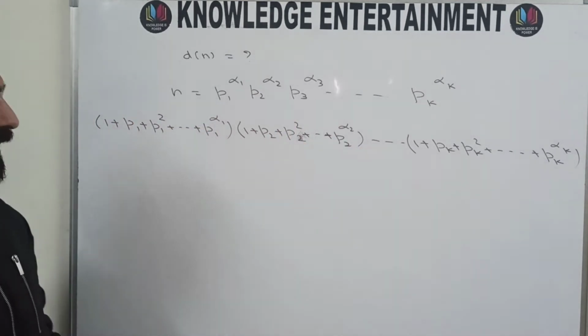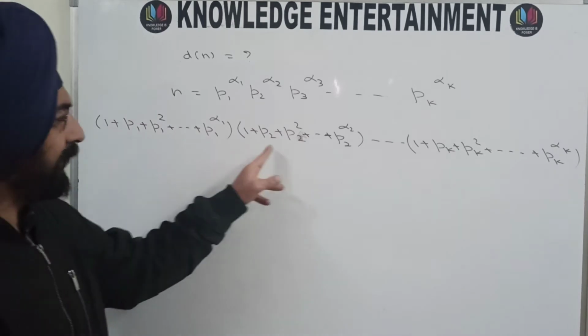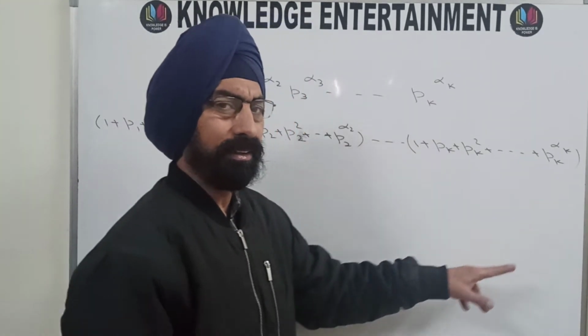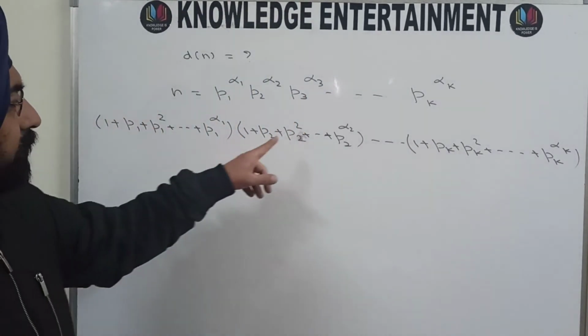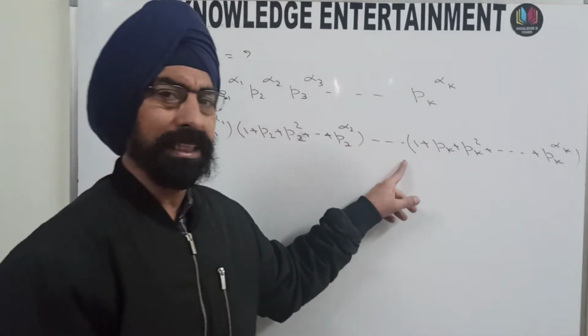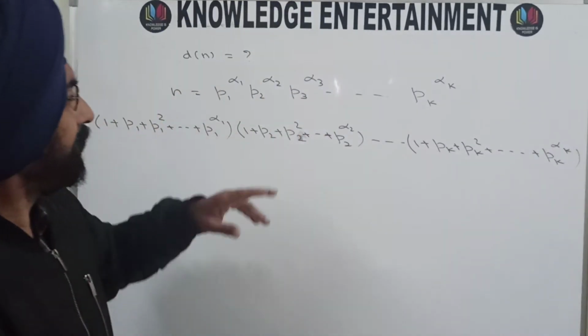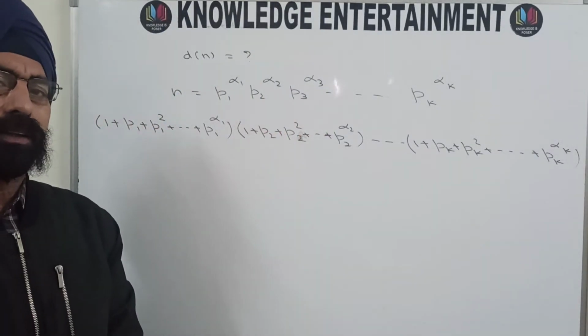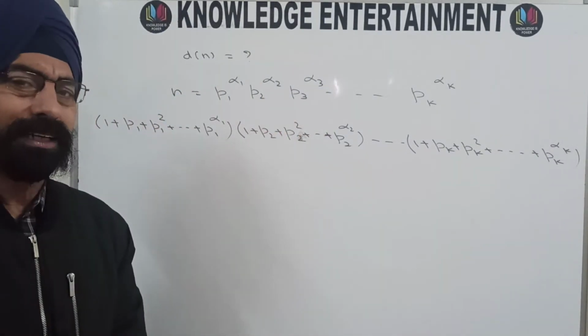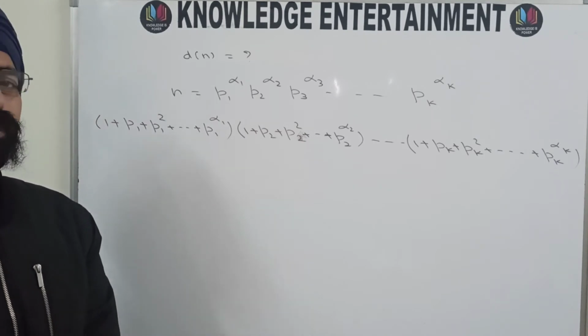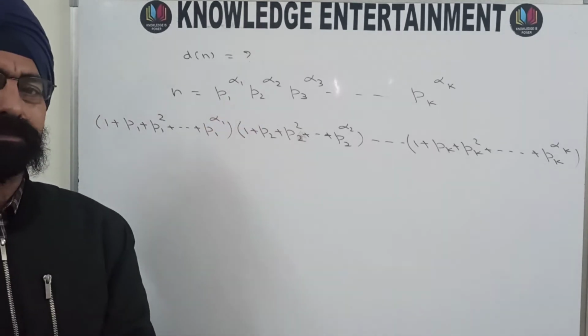In fact, you take any one term from each bracket, suppose p1, p2 cube, p3 square, p4 power 5, pk power alpha k, it is another divisor of this number. So this product contains all the possible divisors of this number n.